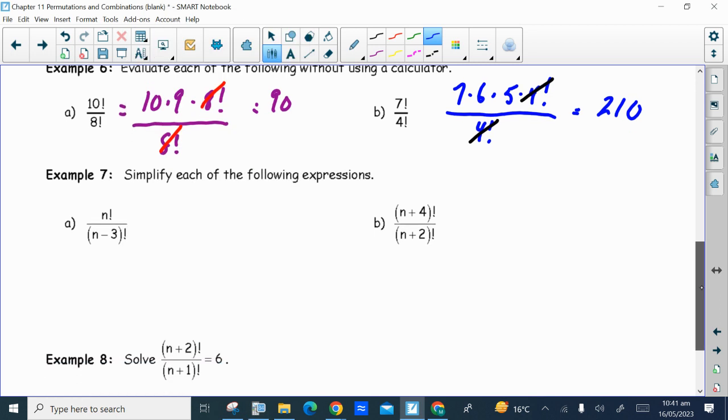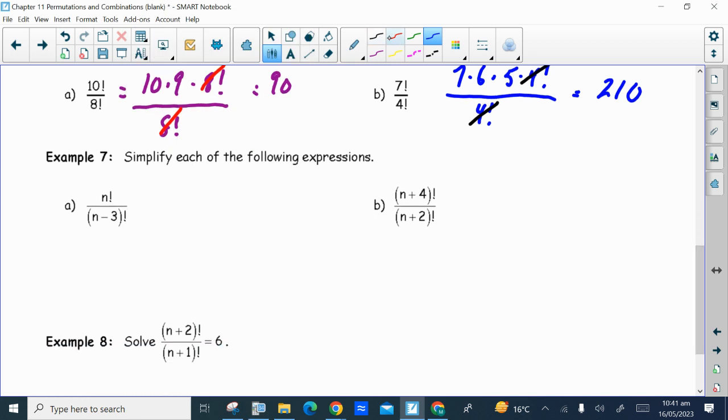So to simplify these expressions, we'll use the same process. We'll expand the larger expression. n is bigger than n minus 3. So we'll expand n factorial. The first factor will be n. The next one will be 1 less. And we'll keep going. We're going to stop at the n minus 3.